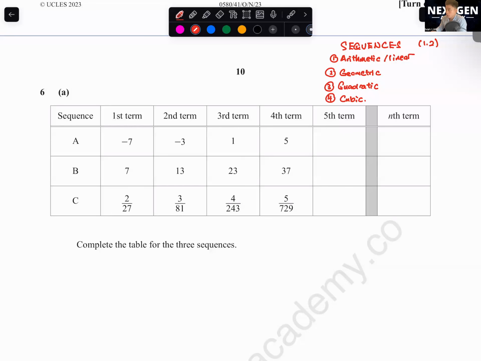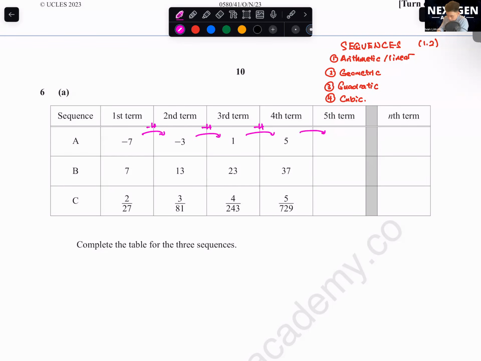Let's look at the first one. What is the pattern over here? -7, -3, 1, 5. I think this is quite obvious. Here also the difference is +4, sorry, +4, +4, +4.